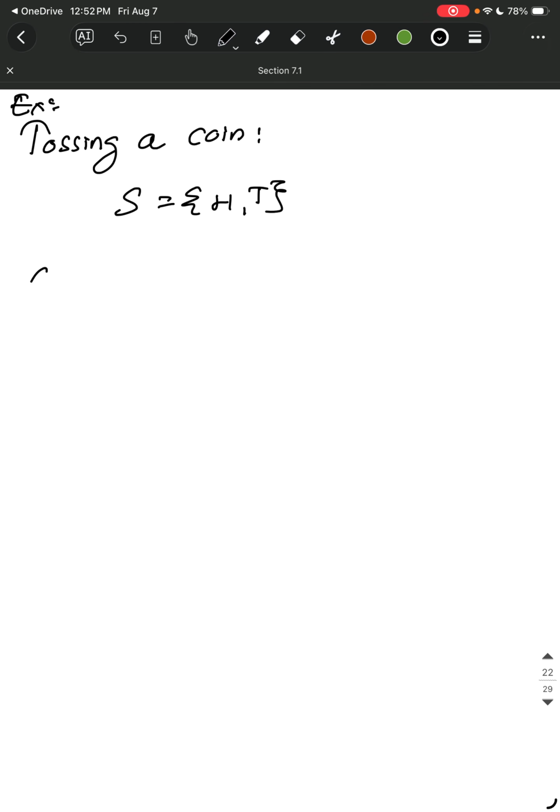Then let's go for the exercises quickly. Toss a coin, one simple event. Sample space: head and tail. One simple event: head. Rolling a die.